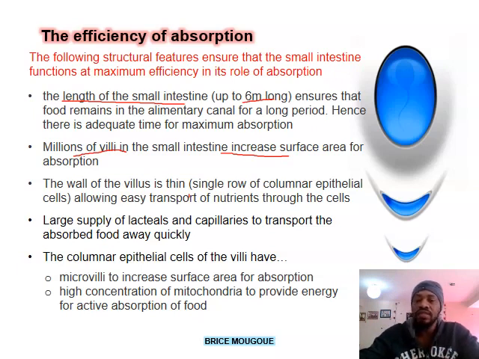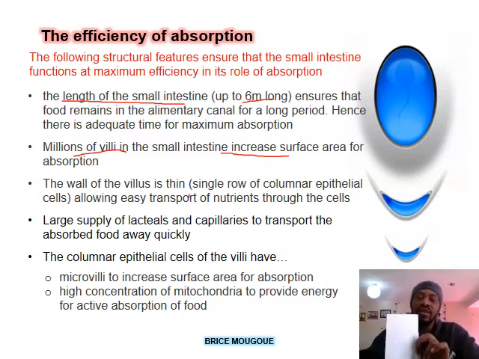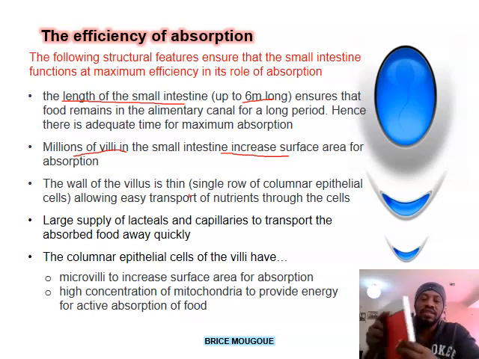Again, when we look at the wall of the villus, it is actually thin. And being thin, it makes sure that materials, nutrients like amino acids, for example, can easily pass through. If they can easily pass through to the other side, into the villus, into the capillaries or the lacteals, then material can easily be absorbed. Imagine that the wall of the villus was thick.